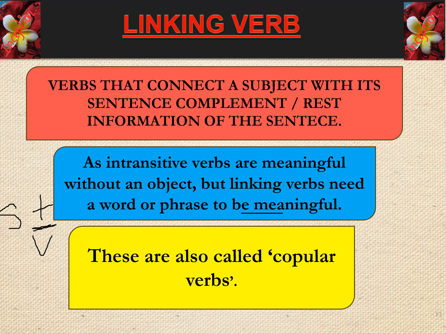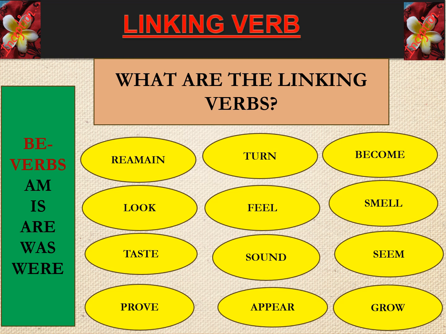We'll see some examples. Linking verbs are also called copular verbs. What are the linking verbs? First one, the be verbs are linking verbs. And the other linking verbs are remain, turn, become, look, feel, smell, taste, sound, seem, prove, appear, and grow.